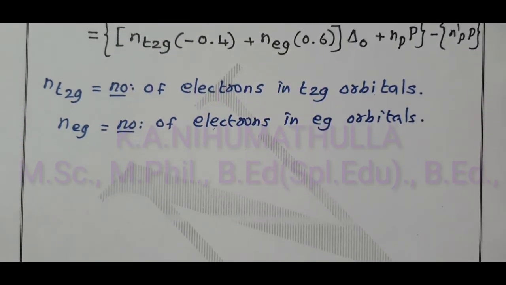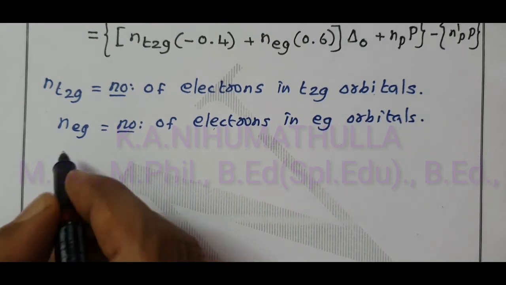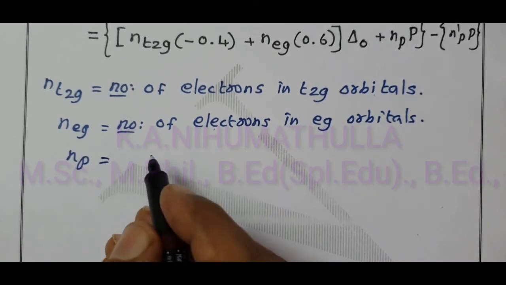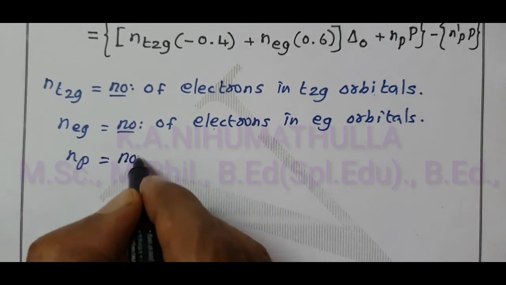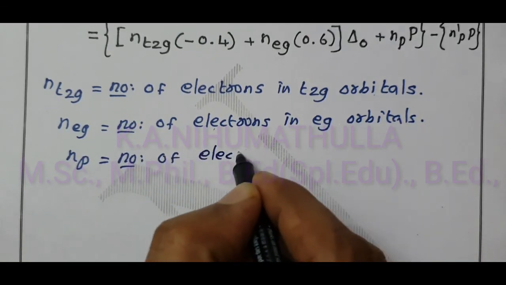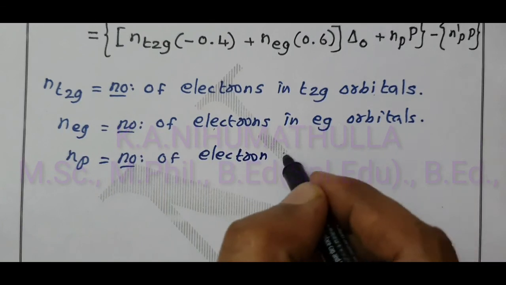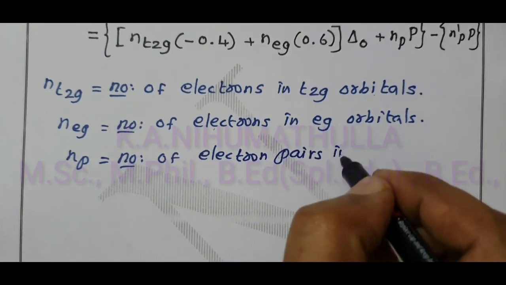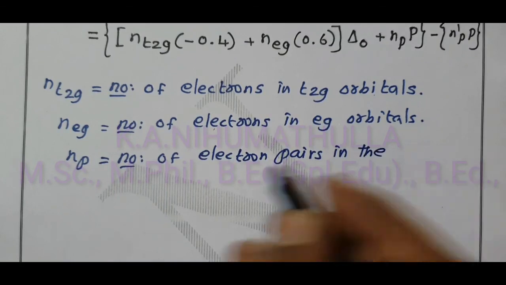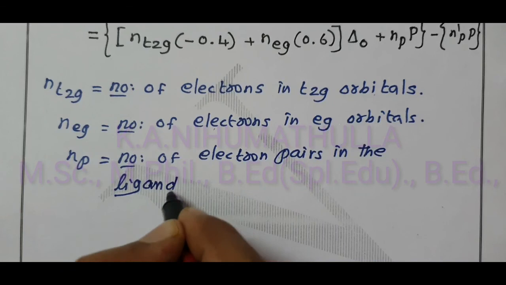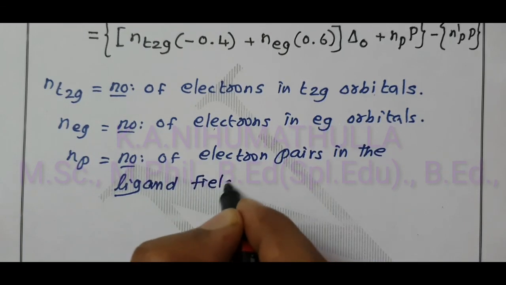And what is nP? Number of electron pairs in the ligand field.